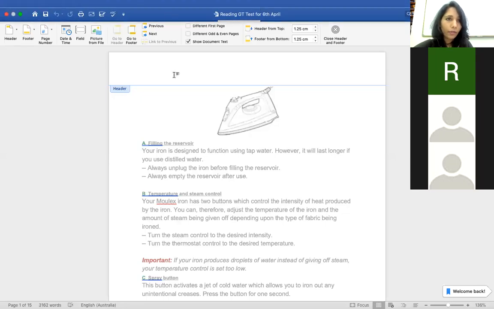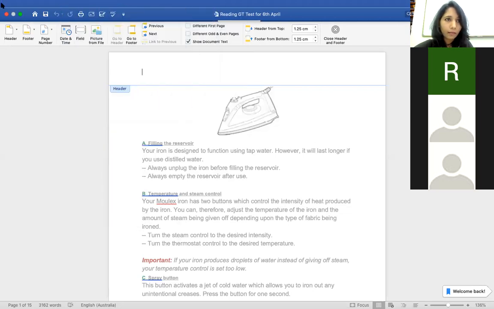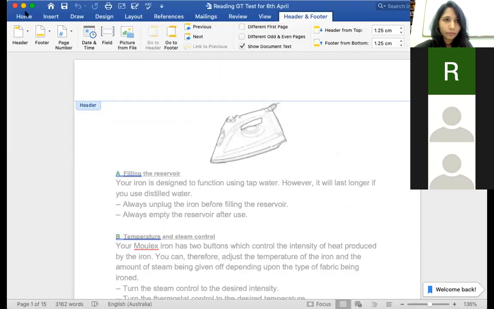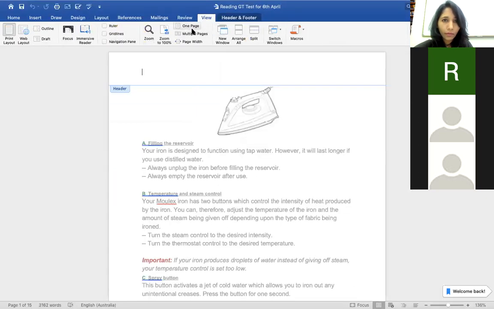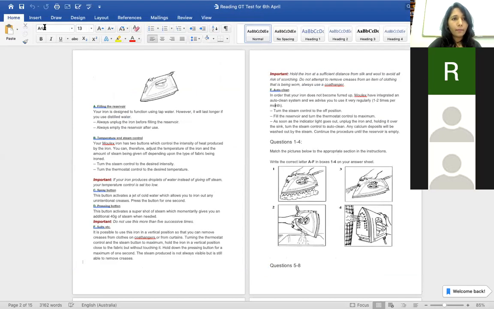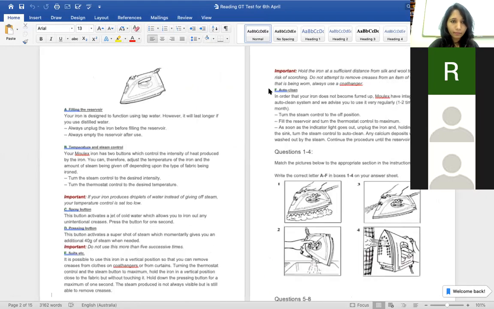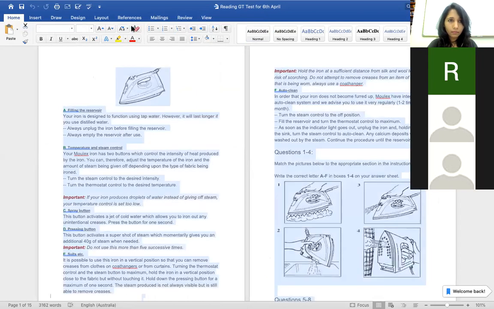Okay, and I hope you guys can see my screen. View it as multiple pages and okay. Can you see my screen clearly? Yeah. Okay, I'll just turn it back.